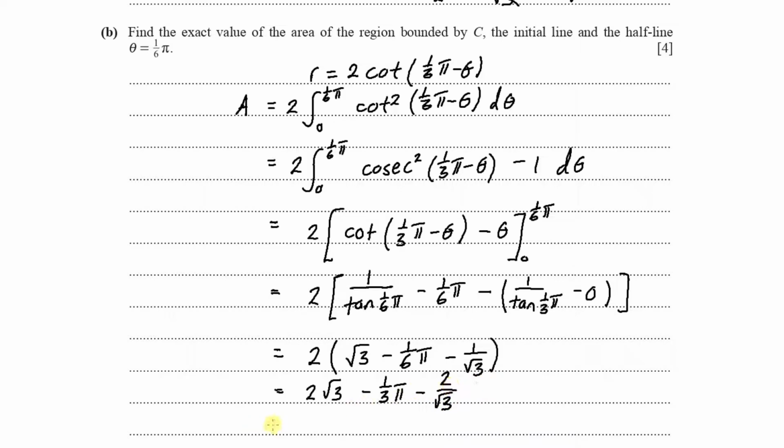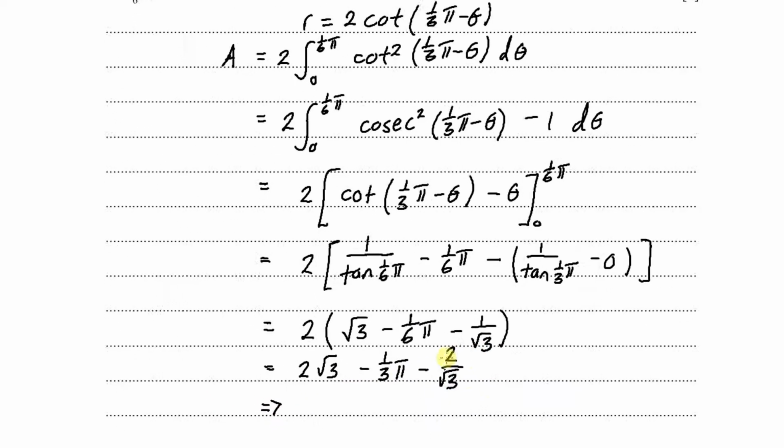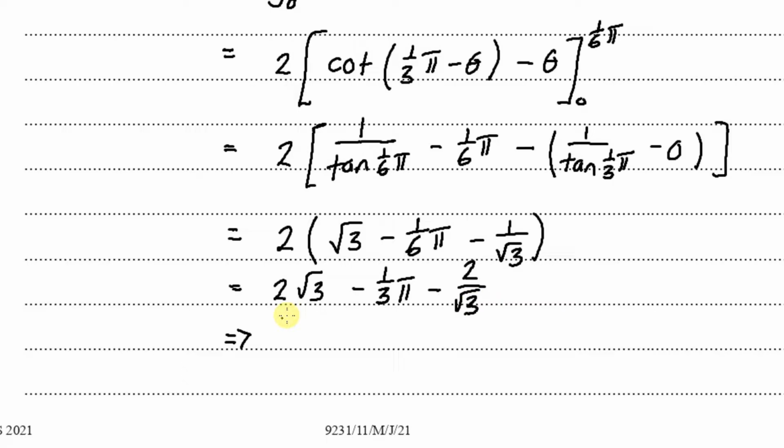Now, simplifying this by rationalizing the denominator, it's like we have 2 root 3 minus a third pi, and if we multiply this by root 3 over root 3, then it becomes 2 root 3 over 3.